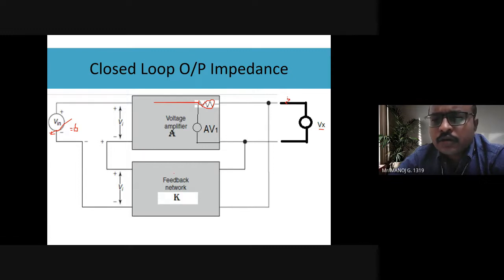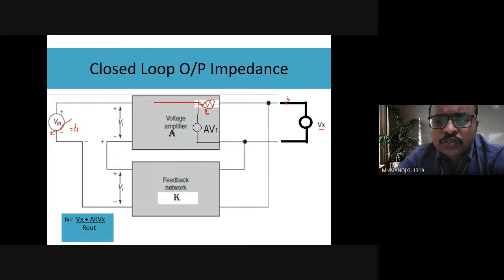Now you need to calculate what is the closed loop output impedance. Okay, so your I into R out. R out is nothing but this particular resistance. Output resistance R out is given to be Vx plus AK into Vx. That is nothing but this particular network value.